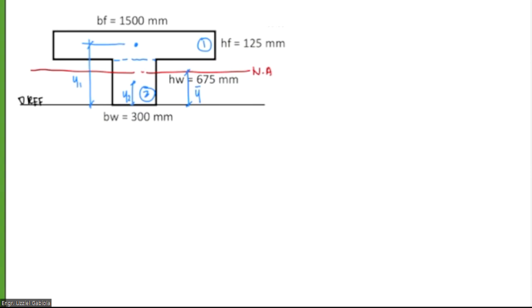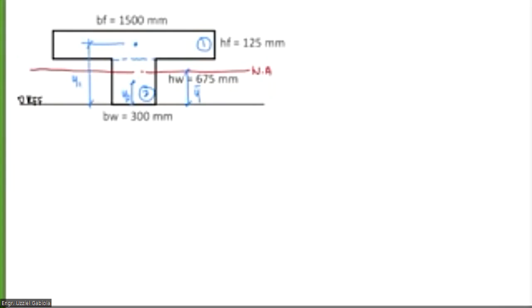To get the value of y bar, we can use the components method of solving for the centroid, or the composite area method.